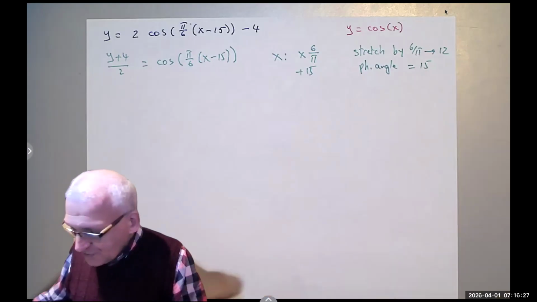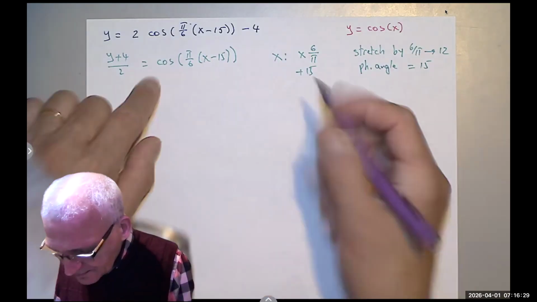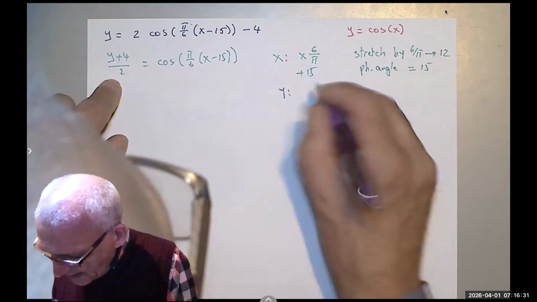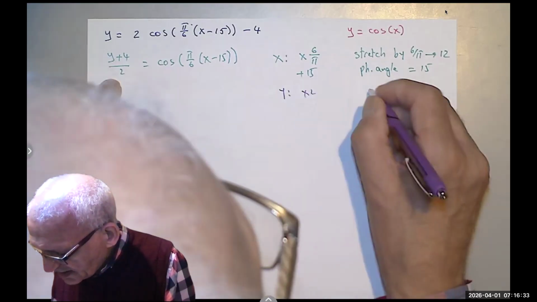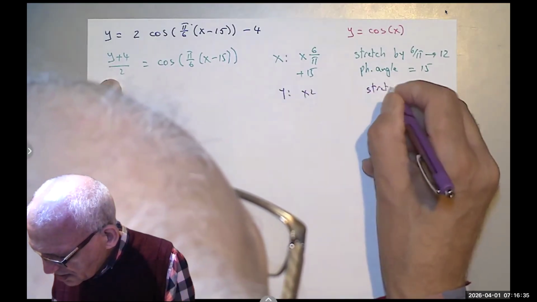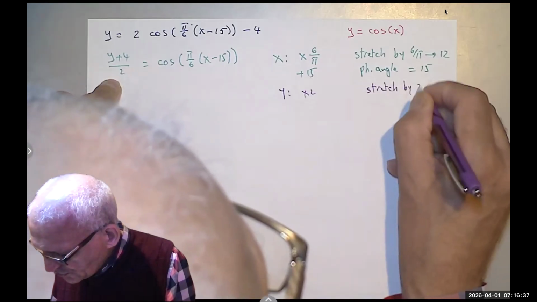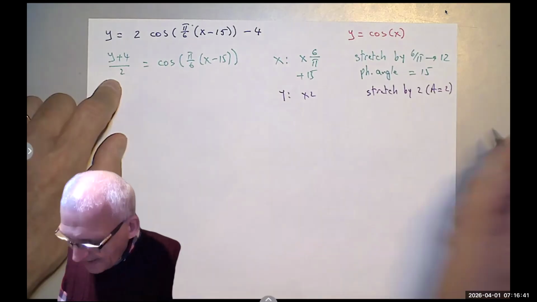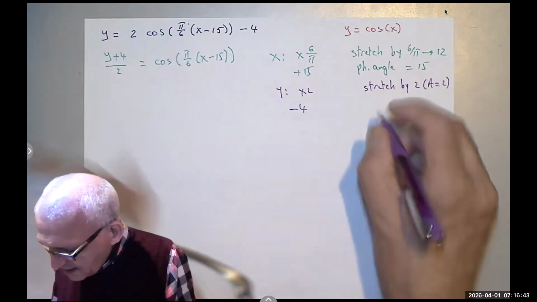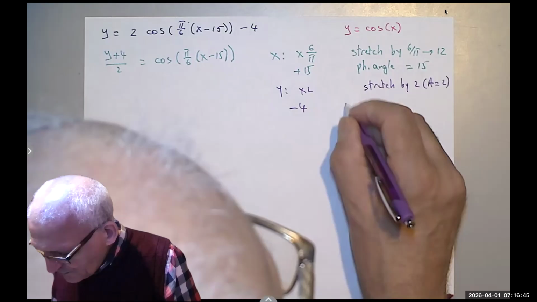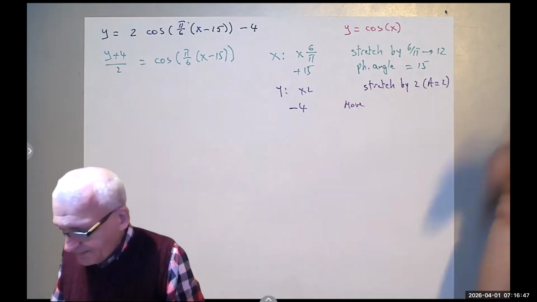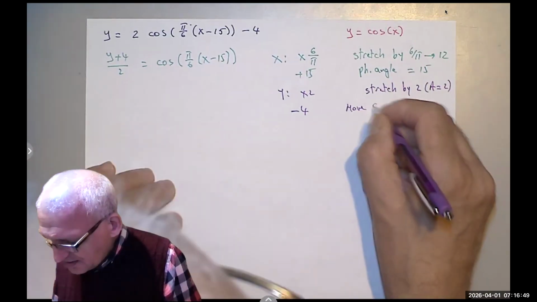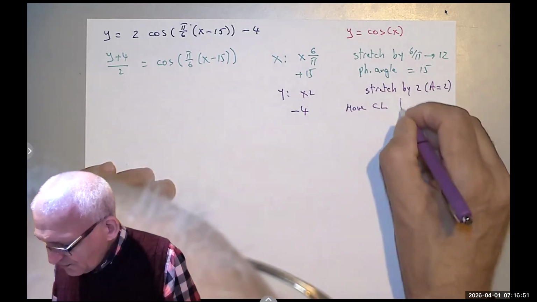Now, when I move to the y, I'm going to multiply by 2, meaning stretch by a factor of 2, meaning the amplitude would be 2 instead of 1. And then subtract 4, meaning move the whole thing. But basically what we are interested in is the center line 4 units down.